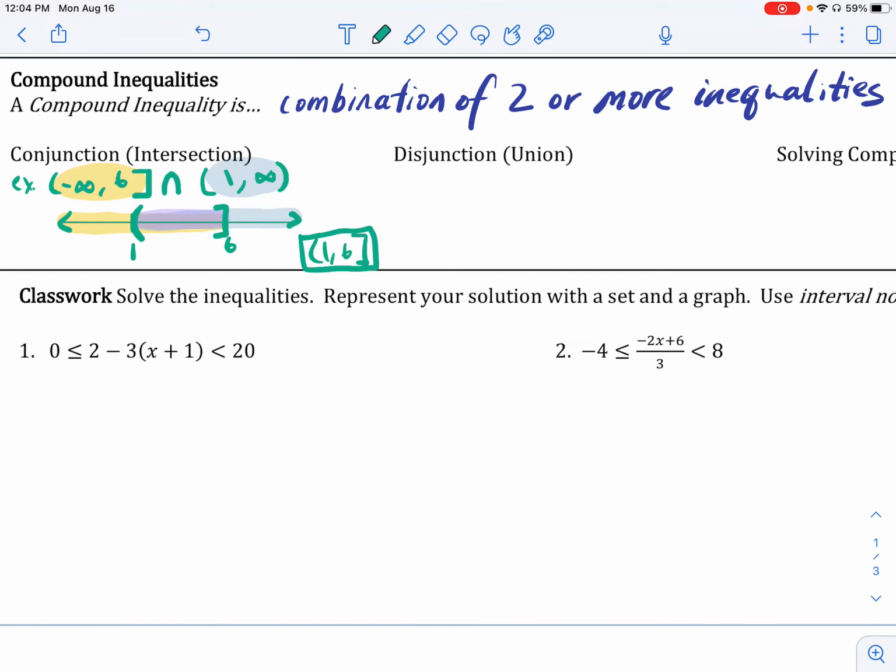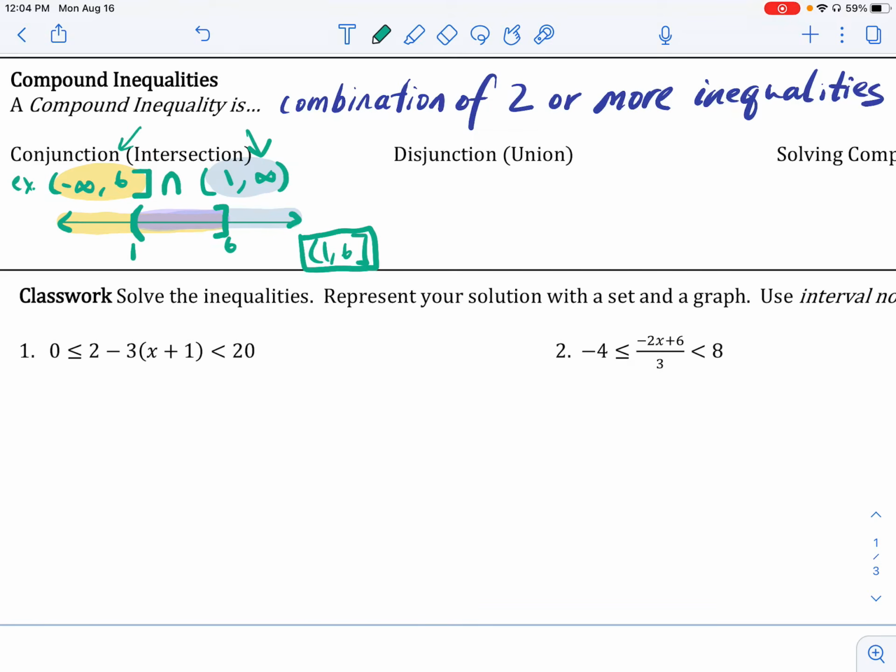Now let's make sure we understand what we're saying here. The interval that satisfies this conjunction, which is a type of compound inequality, is the range of values that satisfy both of these inequalities up here. You can think of it as, let's say I were holding a party, and one person were saying, hey, we're going to include all the numbers that are less than or equal to 6.